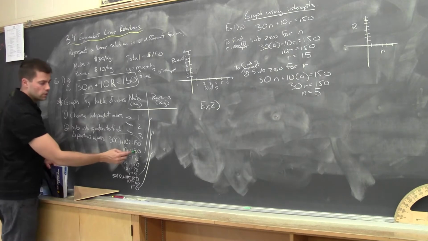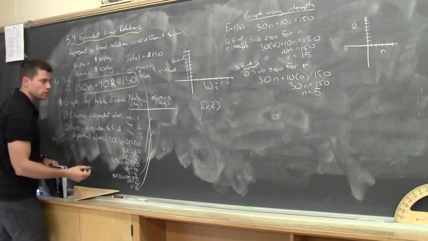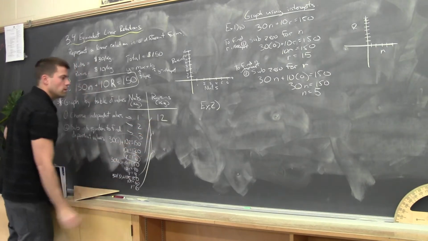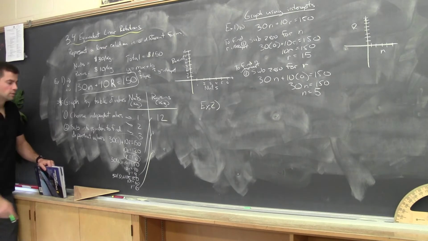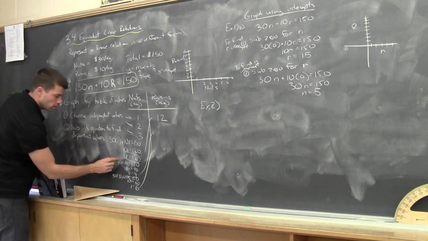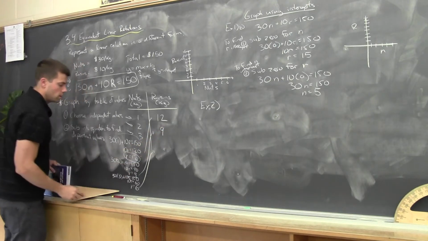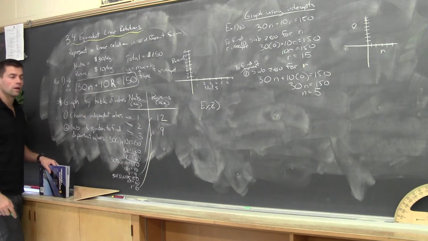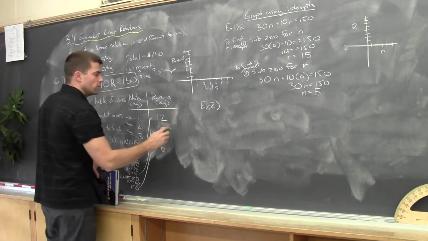And then I divide 120 by 10 to leave me with just R. So the first value I get for R is 12. Similarly, I sub in 2 for N, and I end up with R equals 9. And I sub in 3 for N, and I end up with R equals 6. Okay, so we can do our first differences here.